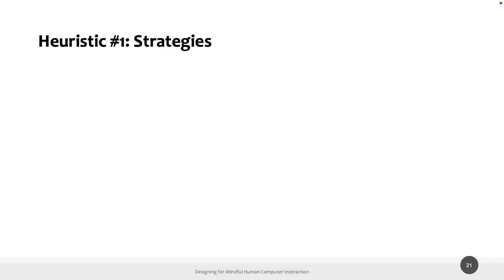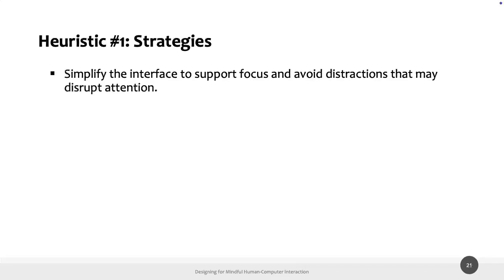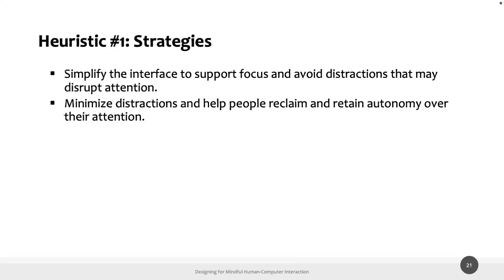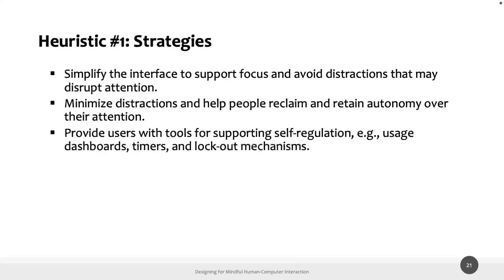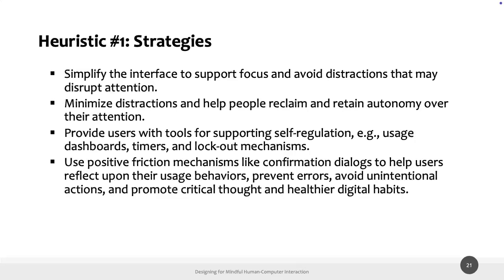And here are some strategies. Simplify the interface to support focus and avoid distractions. Minimize distractions, help people reclaim and retain autonomy over their attention. Provide users with tools for supporting self-regulation, like integrated digital self-control tools.